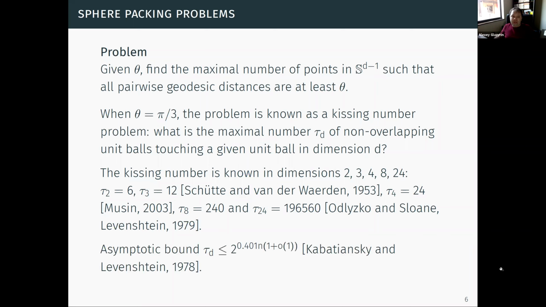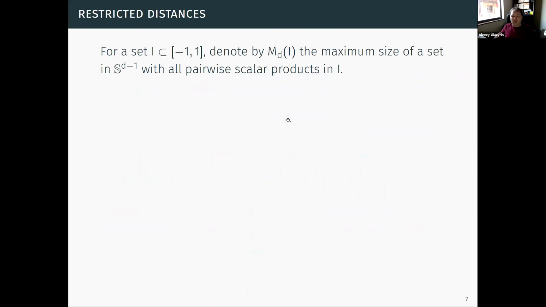Okay, so we would like to apply our tool to packing bounds. So what are we going to do? First, we're going to reformulate it a little. Let's say we have a set I from the interval from -1 to 1, and we'll have our spherical set with restricted scalar products.